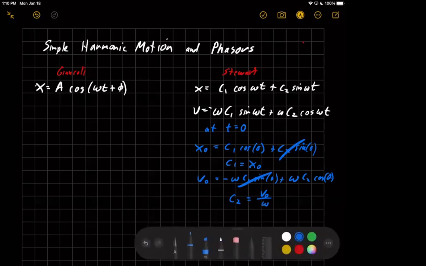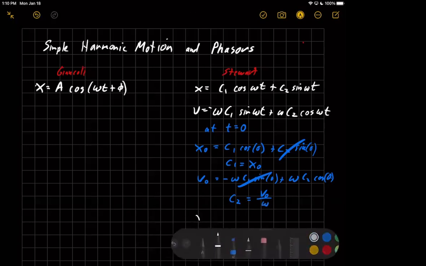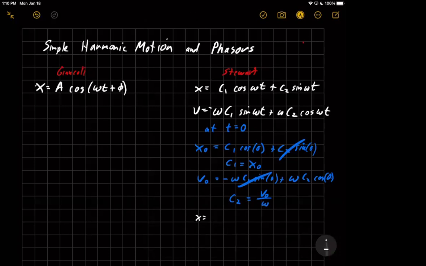All right, so that gave us our expression that x was equal to x naught cosine omega t plus v naught over omega sine omega t. Now, if it was vertical, we added on an equilibrium height for y, but if it's horizontal, we would leave it at that. So this gives us the equation for the stretch of the spring.